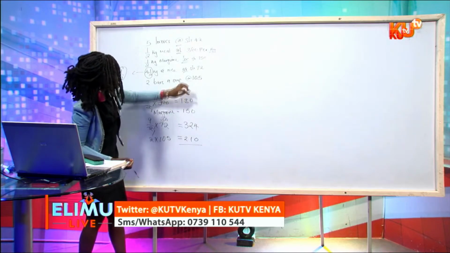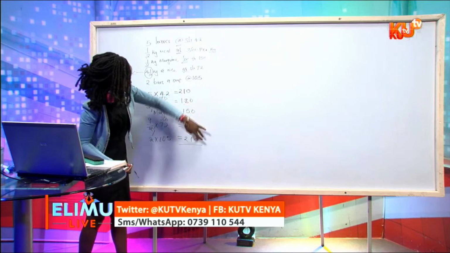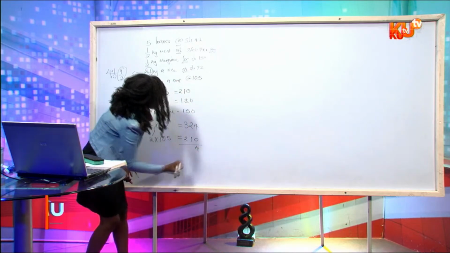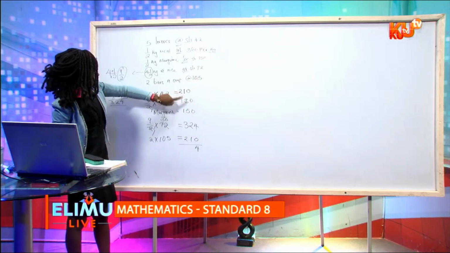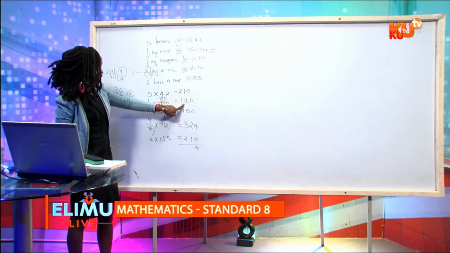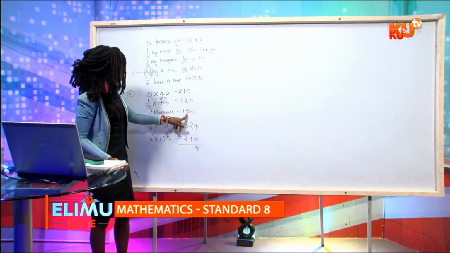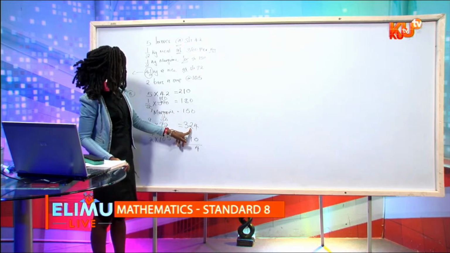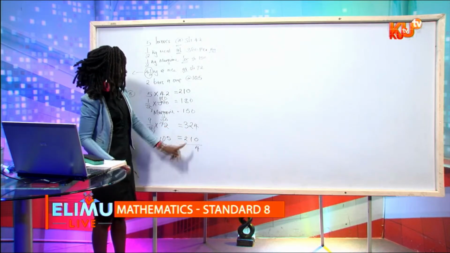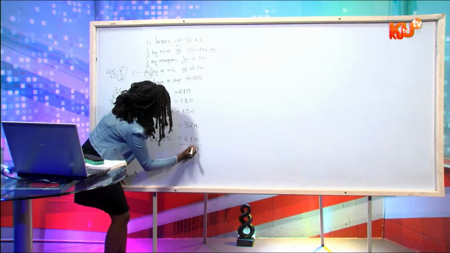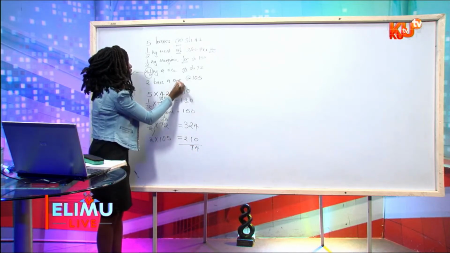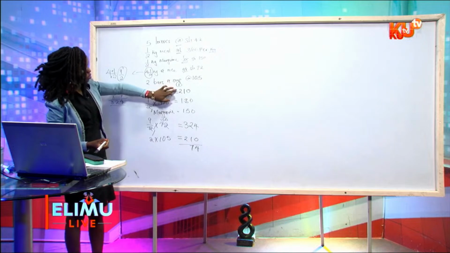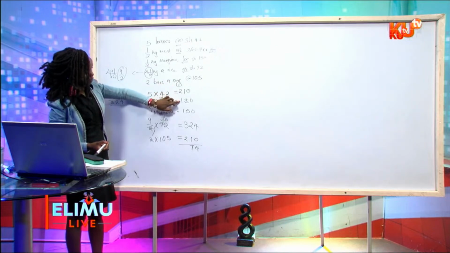So on this side we add 0 plus 0, 0, 4, and 0. We get 4. We only have one number there. Then 1 plus 8, we get 9. 9 plus 5, we get 14. 14 plus 2, we get 16. 16 plus 1, we get 17. I write 7, we carry 1. 1 plus 2 is 3. 3 plus 1, 4.